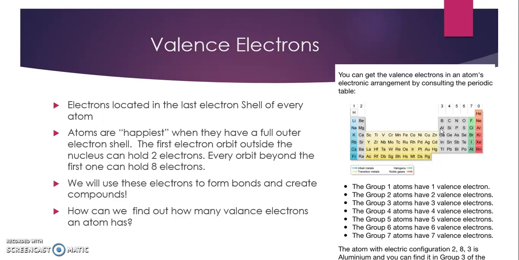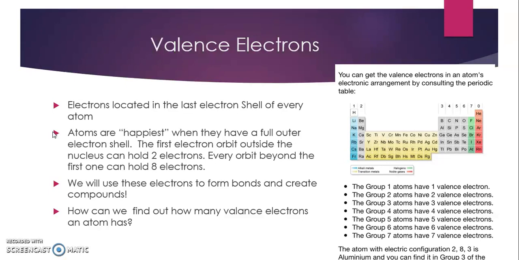This group over here has 3 valence electrons, 4 valence electrons, 5 valence electrons, 6 valence electrons, and 7 valence electrons. Now, these elements over here, except for helium, which is the exception, actually have 8 valence electrons, and they are considered to be completely stable because their outer shell is completely full.